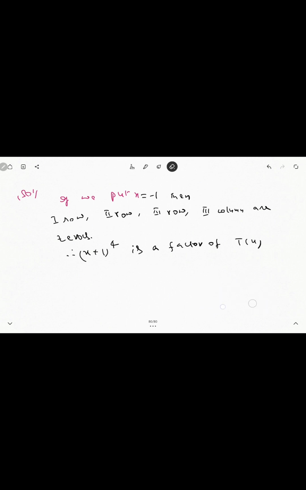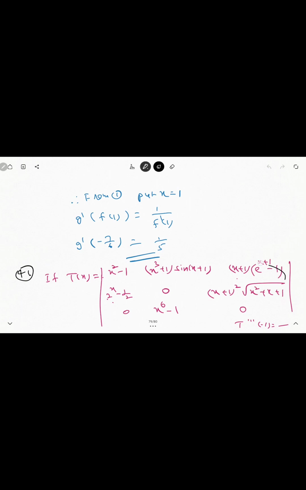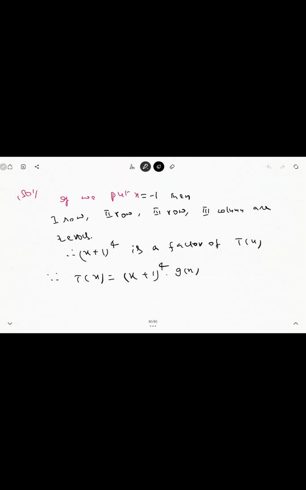Same logic here also. X is equal to -1 will make first row, second row, third column zeros. So x plus 1 will repeat how many times? 4 times. Therefore d of x is equal to x plus 1 power 4 into some g of x. Compulsorily in the expansion of this det, x plus 1 power 4 will be there and also some other function g of x.